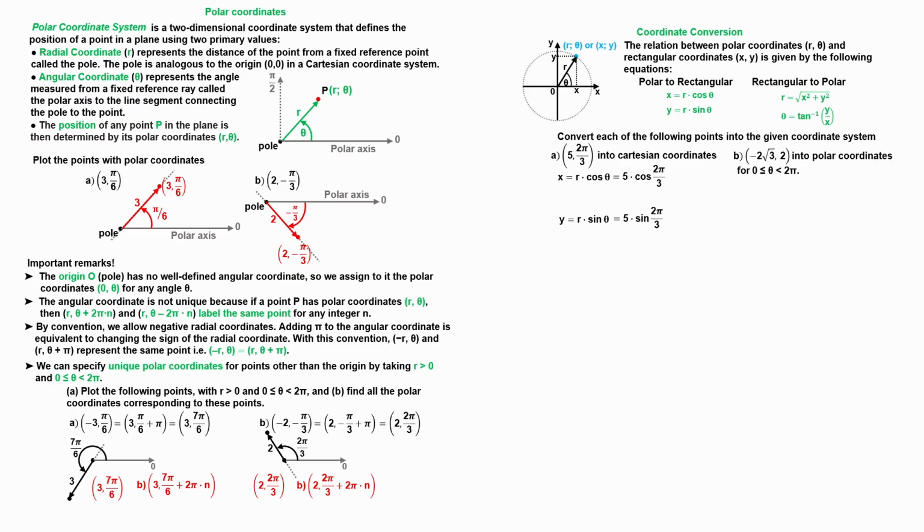In this quadrant, the cosine function is negative and the sine function is positive. Specifically, the value of cosine of 2 pi over 3 is minus a half, and the value of sine of 2 pi over 3 is the square root of 3 over 2.